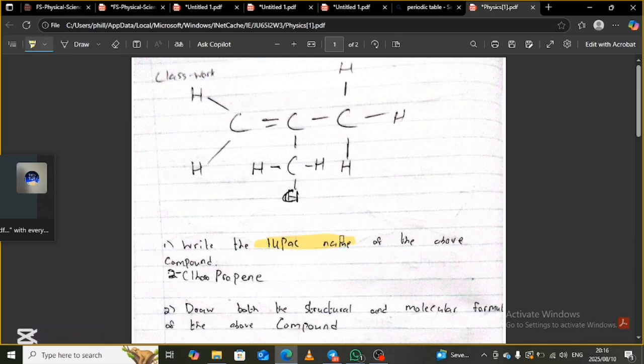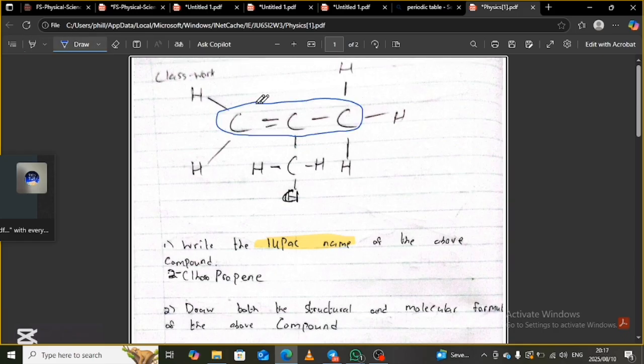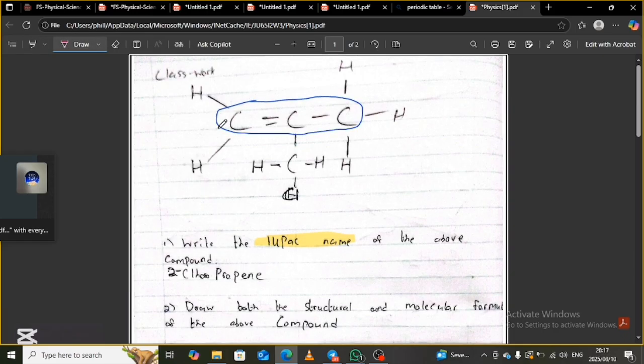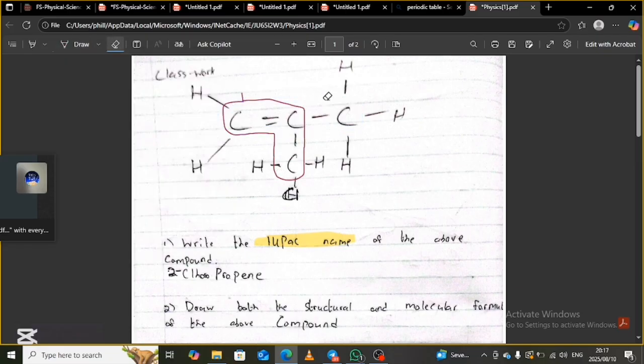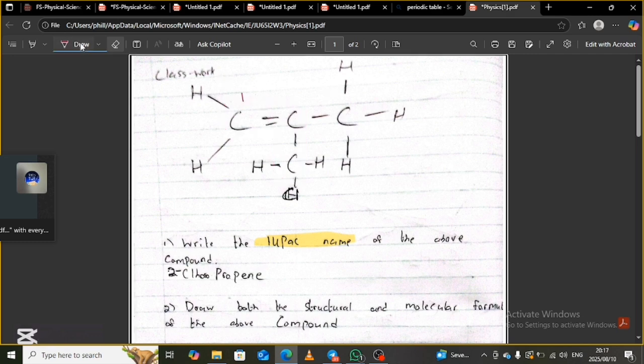So we have to choose the longest chain. First step, find the longest chain. So we can eventually tell that the blue chain doesn't actually fit. The only chain that fits is the one that has the double bond and the halogen.